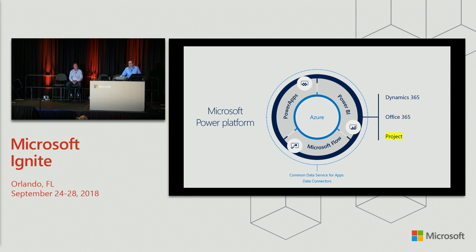The benefit of this is we start to get all of your data about projects, both plans and executions, and as you start bringing in the Dynamics components, the financial aspects, and eventually the ERP aspects, all into one platform where you can get that data and then start using it with Flows and Power Apps and so on to build other things that are part of the execution process for a project in your organization. And that's really where we get into the discussion around augmenting projects and PSA.